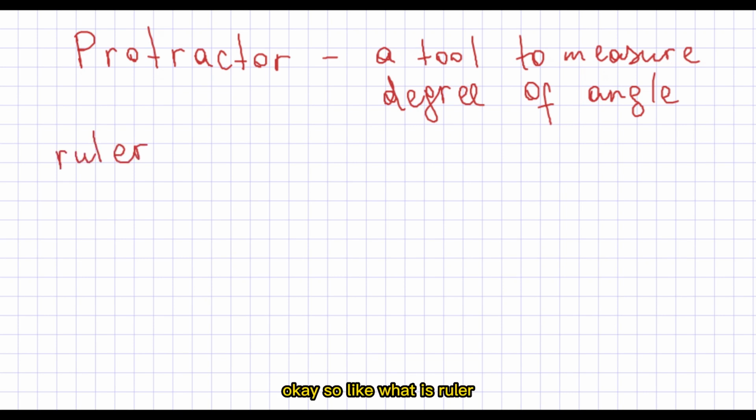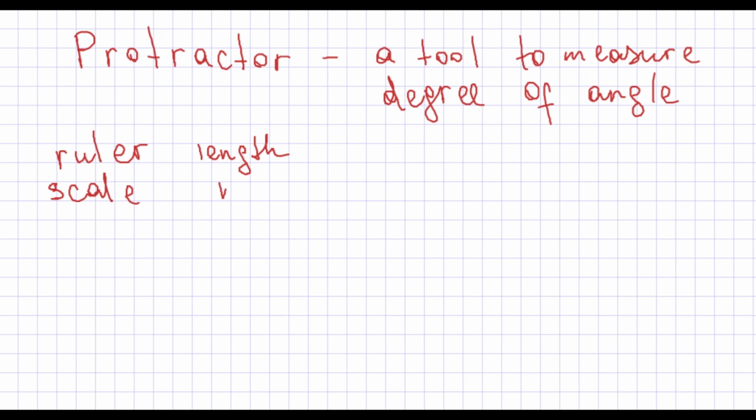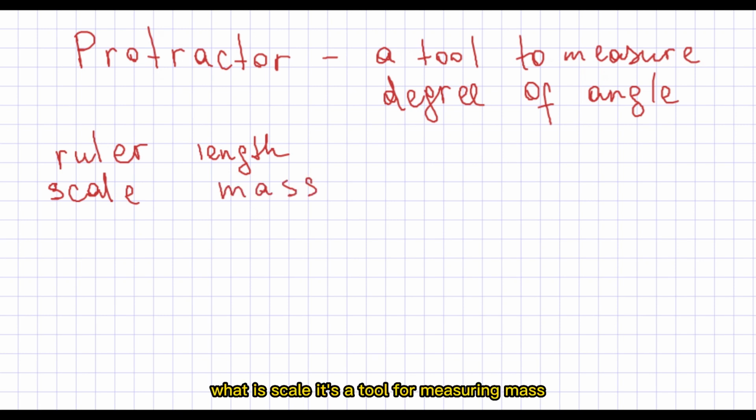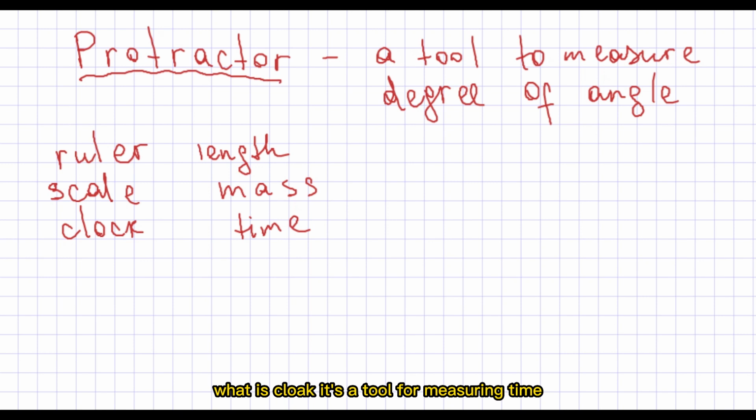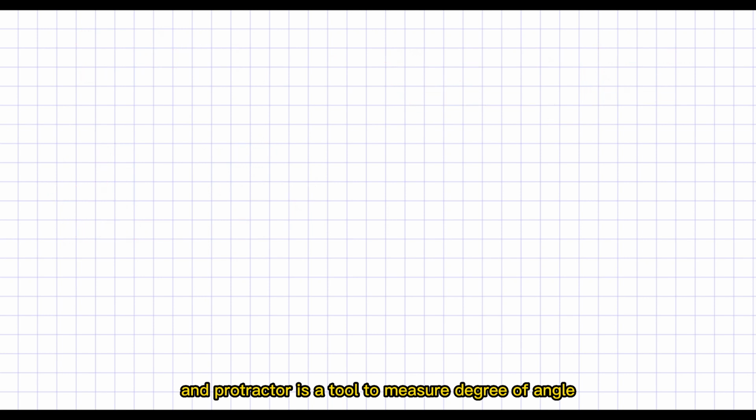Okay, so like, what is ruler? It is a tool for measuring lengths. What is scale? It's a tool for measuring mass. What is clock? It's a tool for measuring time. And protractor is a tool to measure degree of angle.